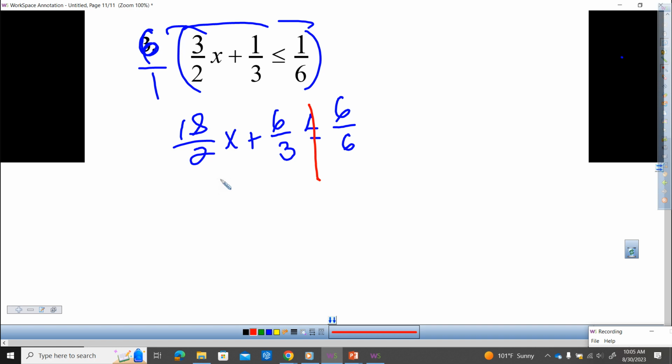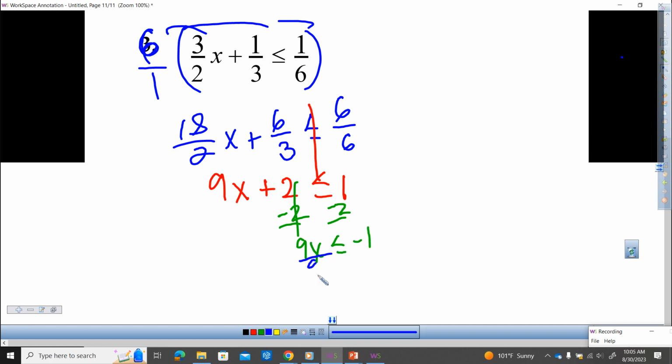Divide, so we end up with... All right. Continue, Danny. Subtract 2, 9x less than or equal to negative 1. And last but not least, everyone, divide by 9. X is less than or equal to negative 1/9.